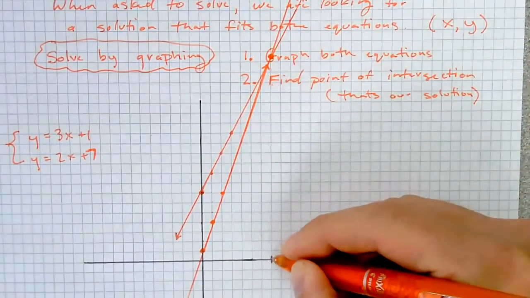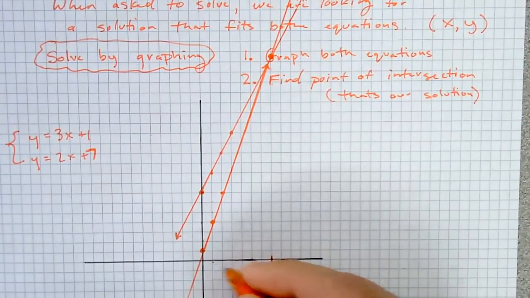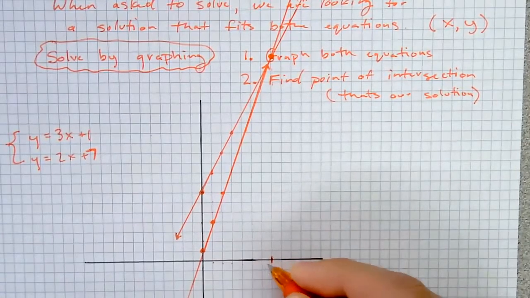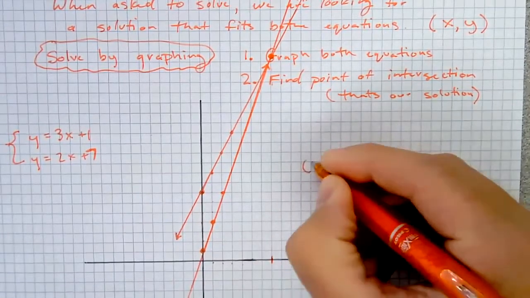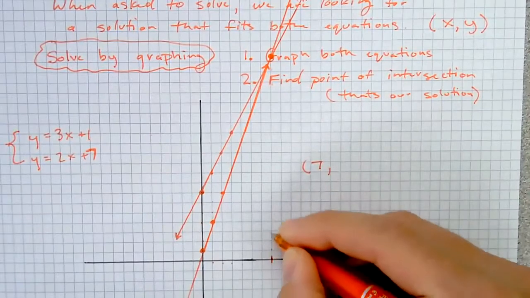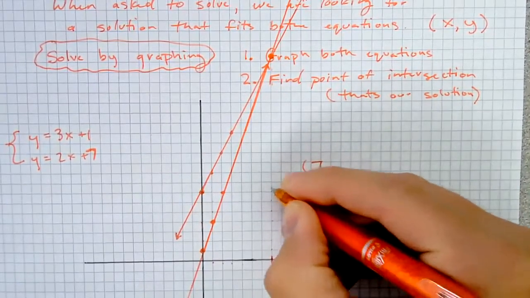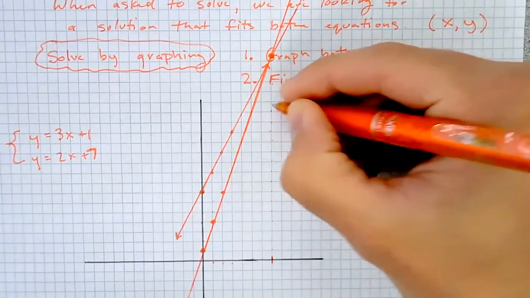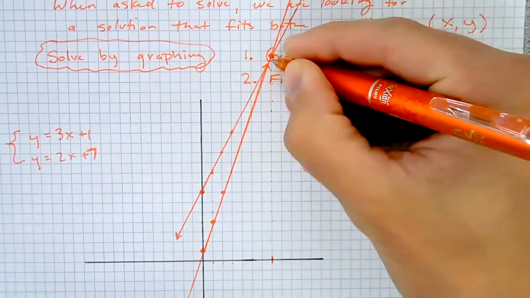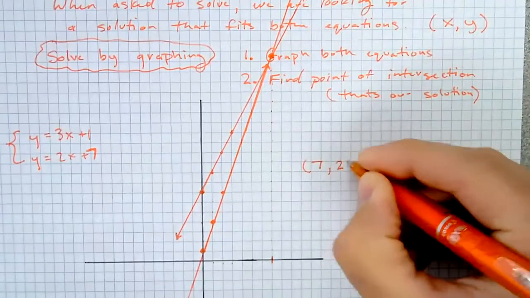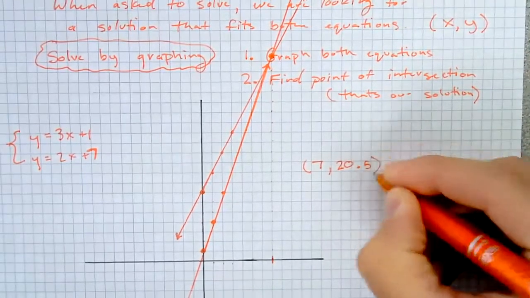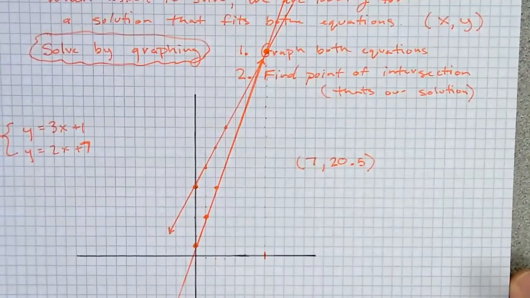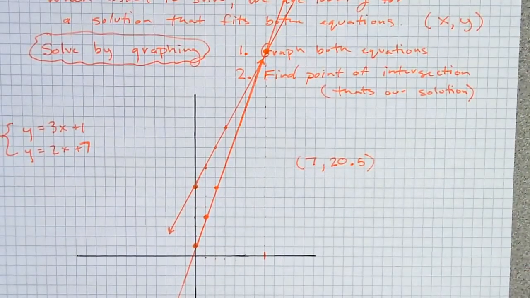So it goes right there. My x value is 7, and then the y value is about 20 and a half. I'm kind of guessing because it goes through there.